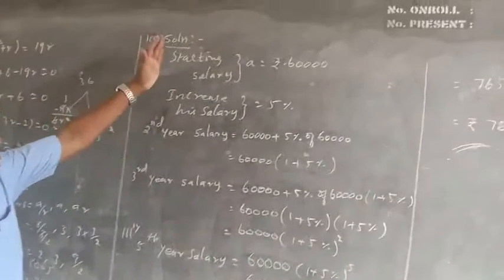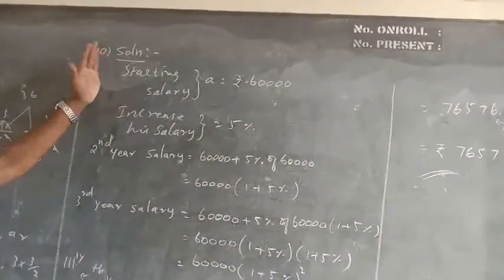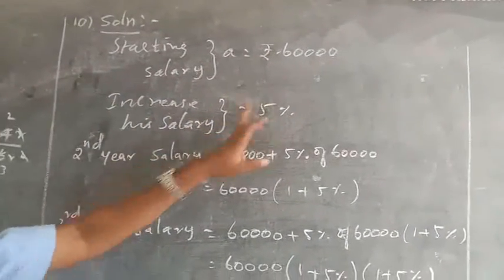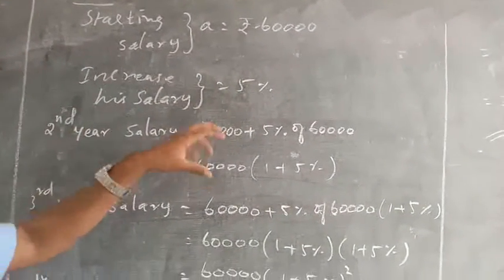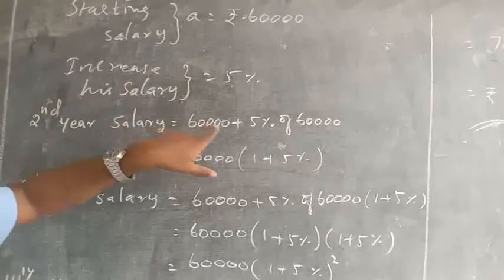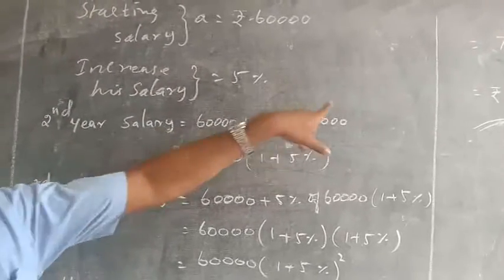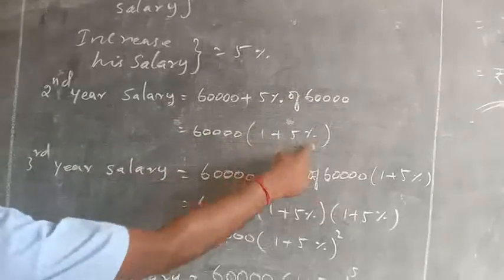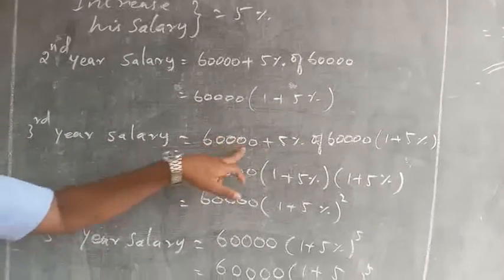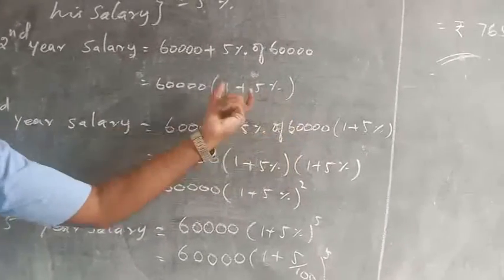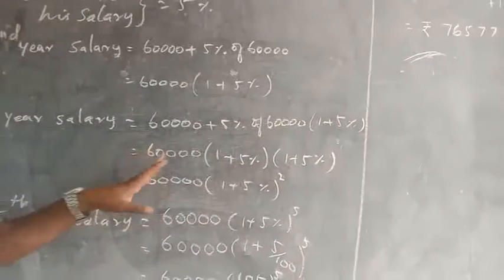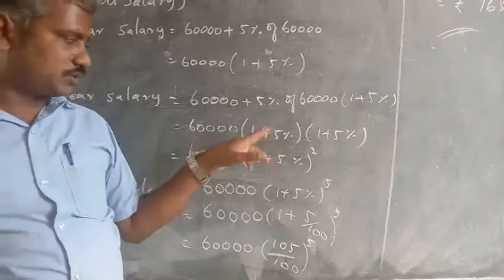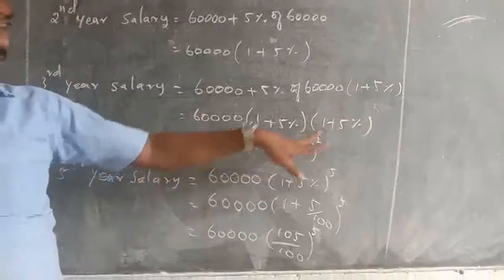Now let me explain once more. Starting salary A equal to 60,000, increasing percentage 5%. The second year: this is the first salary 60,000 plus 5% of 60,000. These two terms have 60,000 common, so 1 plus 5%. For the next year, 60,000 plus 5% of 60,000, written the same way. So 60,000 common, 1 plus 5% into 1 plus 5%, two times, so 1 plus 5% whole square.